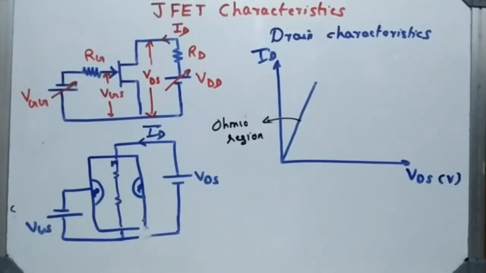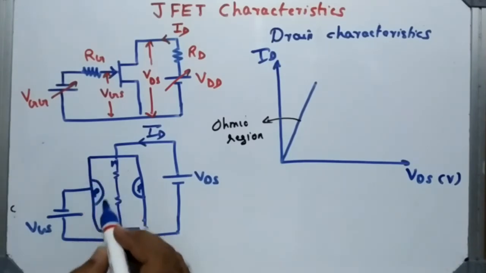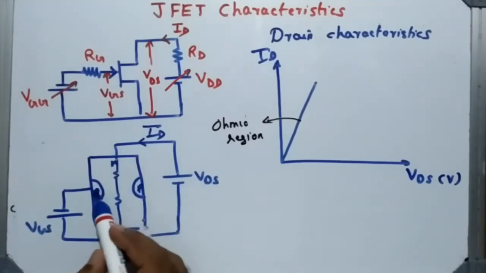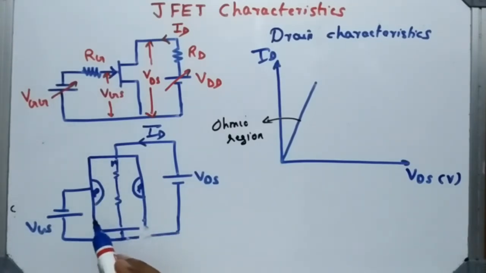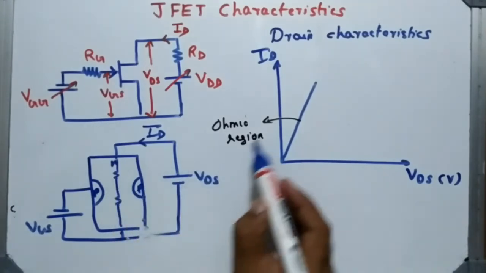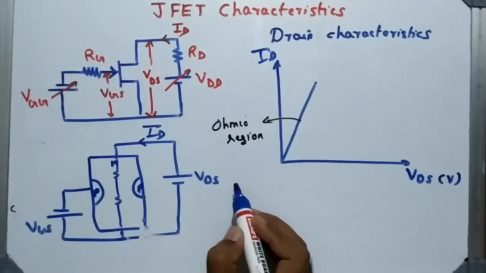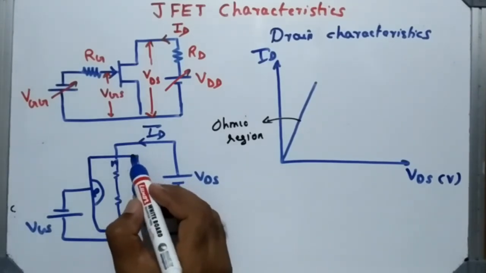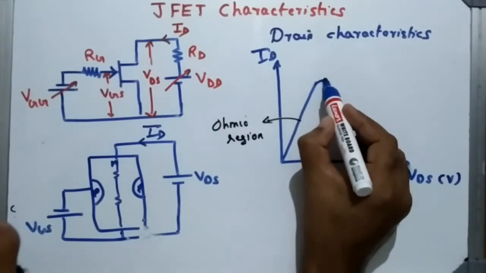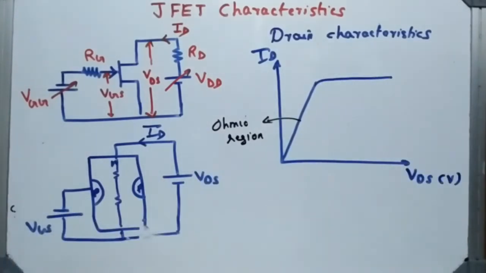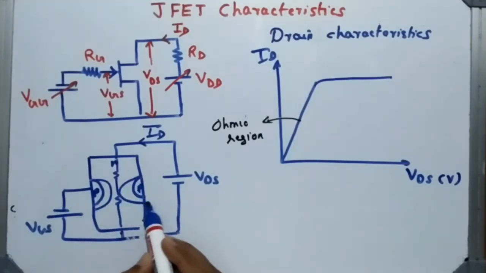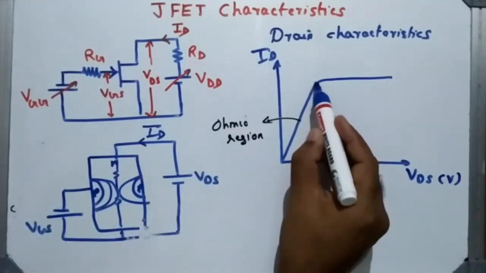Now what actually happens here is, at the same time the width of the depletion region also widens, because this also makes the PN junction reverse biased. Now after a particular drain to source voltage, there is no further increase in ID. So ID will be stabilized. Here the channel will merge together at this point.